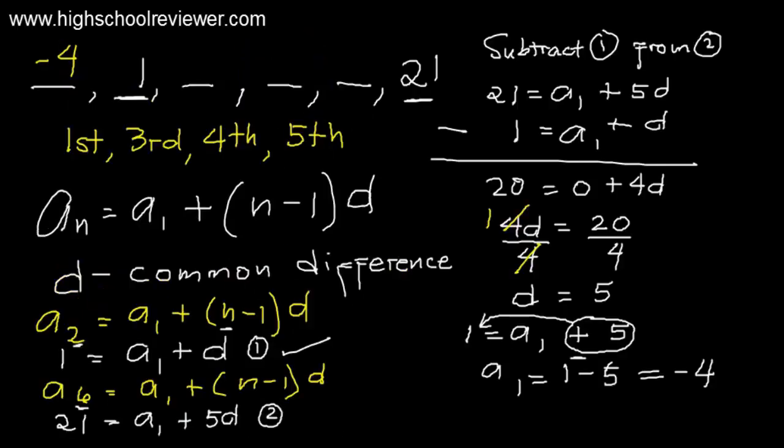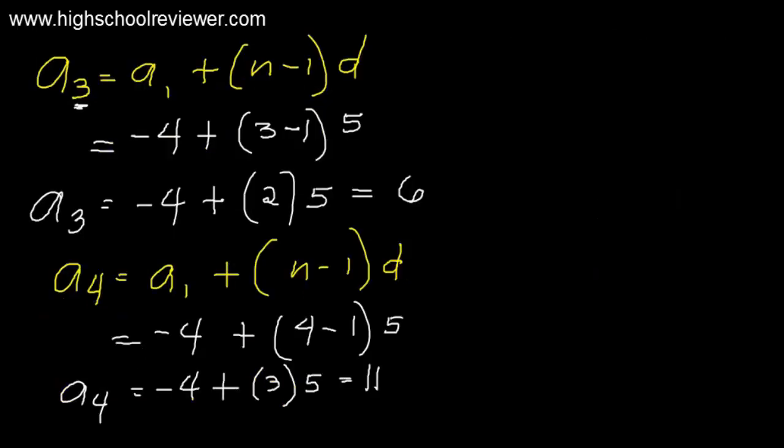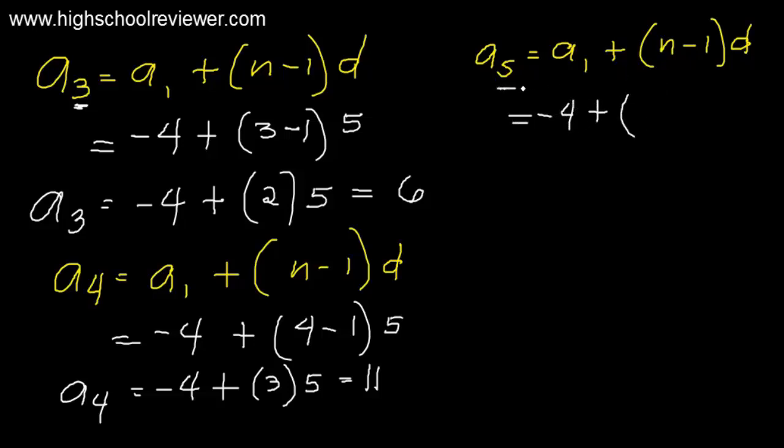Let us now find the fifth term. Okay, so the formula for a sub 5. So a sub 5 here will be equal to a sub 1 plus n minus 1 multiplied by d. Okay, so again, our a sub 1 is negative 4, so this will be negative 4 plus our n here is 5 minus 1 multiplied by d, which is positive 5.